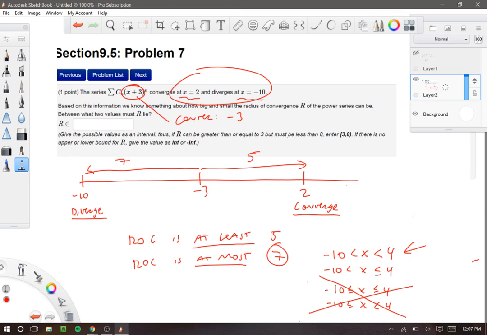So that means that we know that the radius of convergence is at least 5, it's at most 7, and it can be either 5 or 7. So that means that the radius of convergence has to be in the interval [5, 7], with hard brackets on each because it can be either of those.